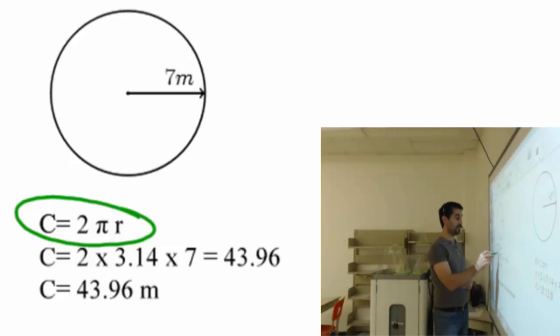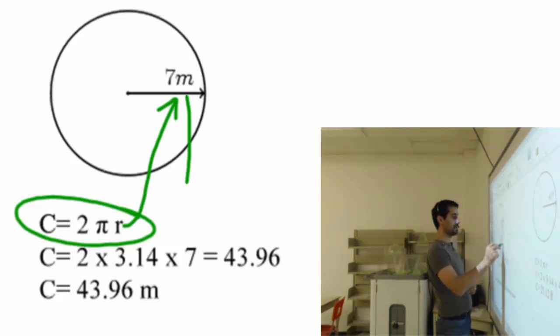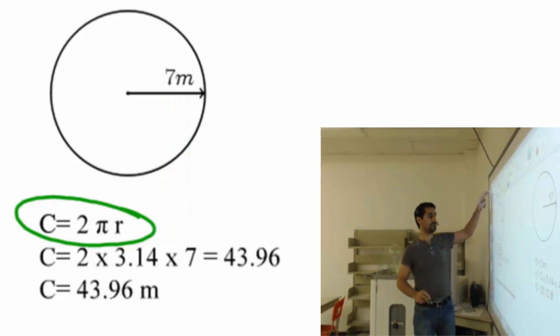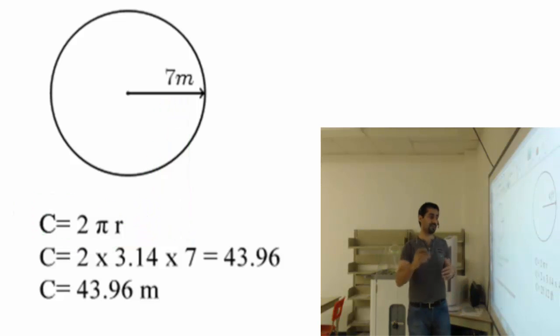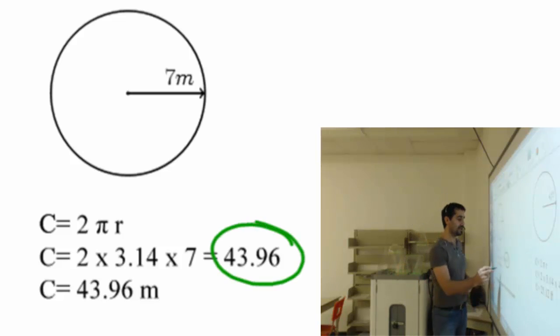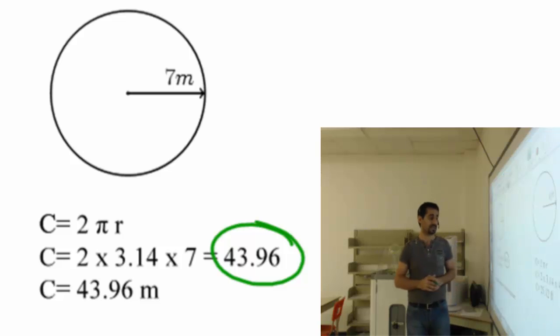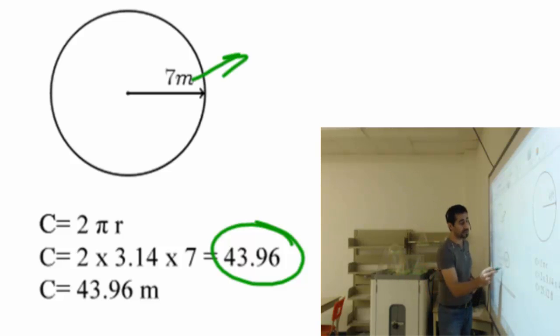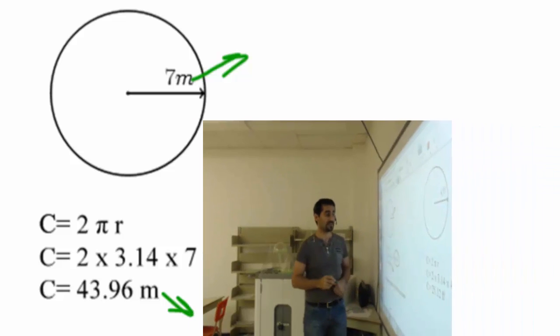And then 2 is 2, pi is 3.14, and radius is 7. So you write down everything and you use your calculator, you do the multiplication, and at the end you will get 43.96. But don't forget, it is meter here, so you need to include your unit as well, meter.